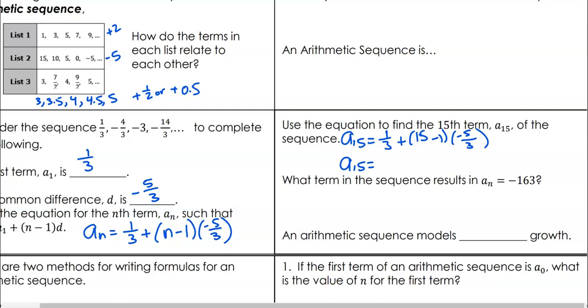Yes, Tucker confirms. Anybody else? They could have made the same mistake. One more person. -23. There we go. Yes, it is correct. It is -23. Good.